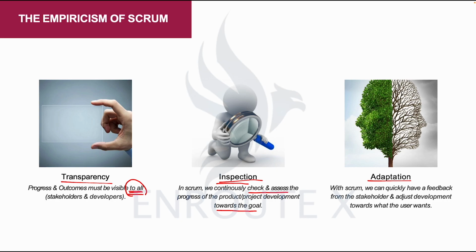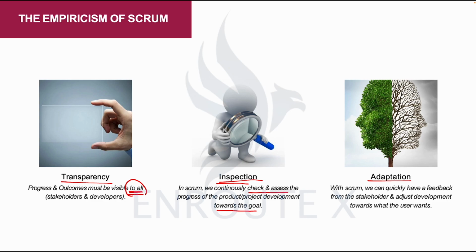Adaptation involves making changes based on the inspection results. I made mention of that earlier, that both inspection and adaptation go hand in hand, and of course, transparency, inspection, and adaptation all work together. So this could mean adapting the product backlog, changing the way work is done, or modifying the project plan.